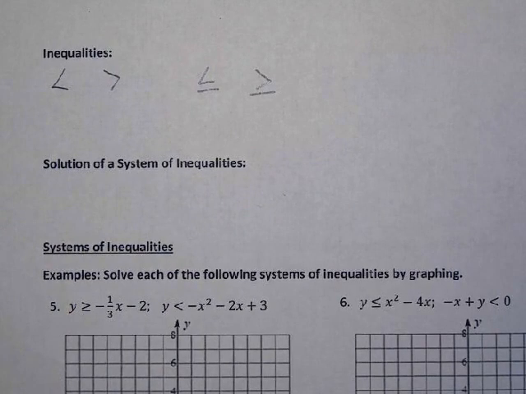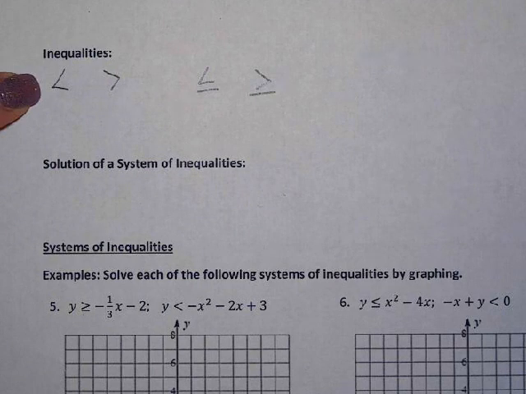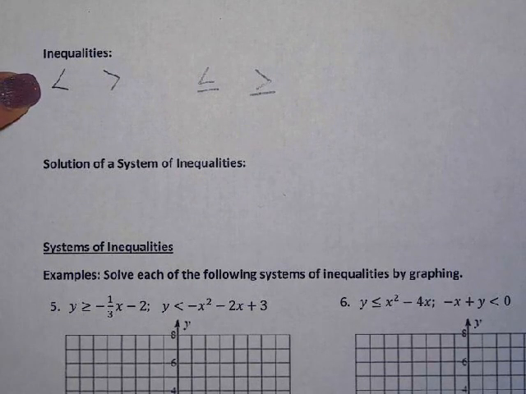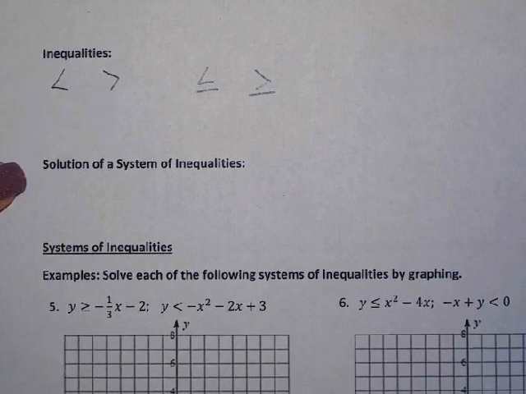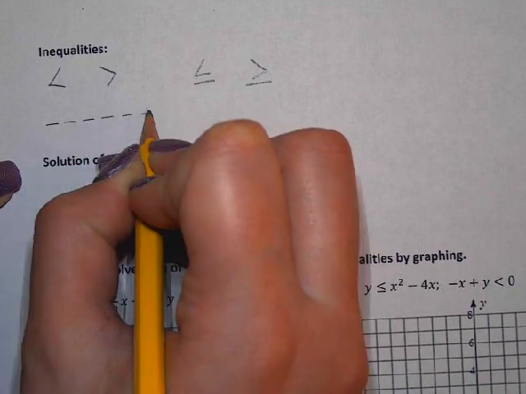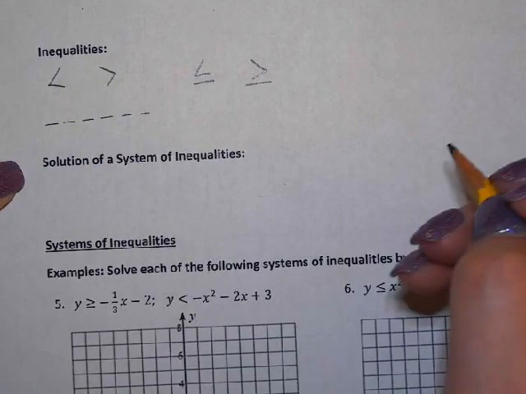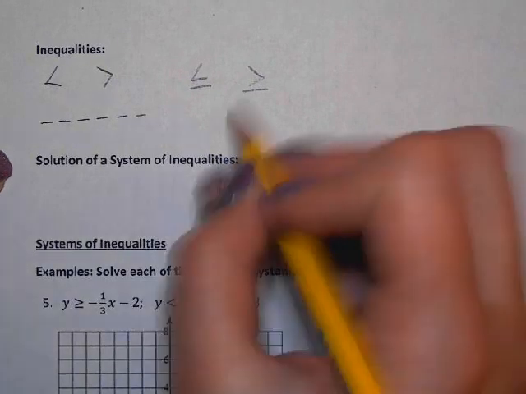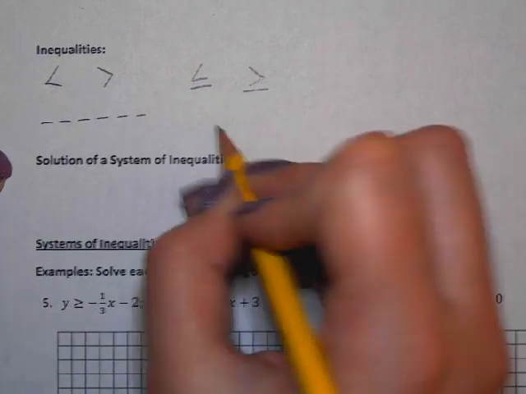All right, so if the inequality has a less than sign or a greater than sign, then you draw it with a dotted line. Does that ring a bell? And then if it has an equal to with it, you draw it with a solid line.